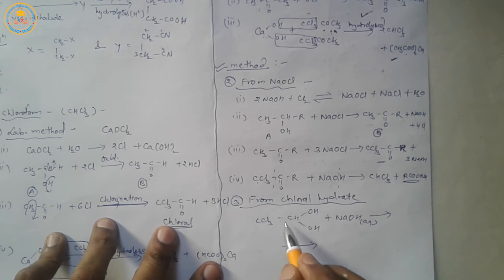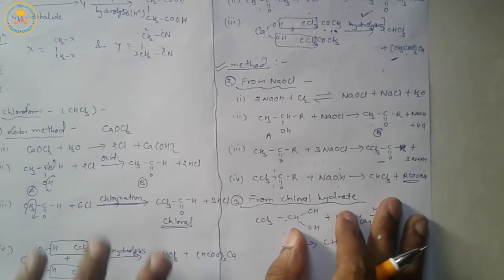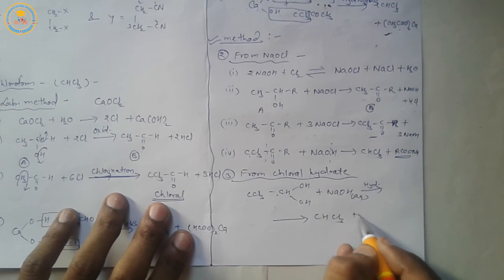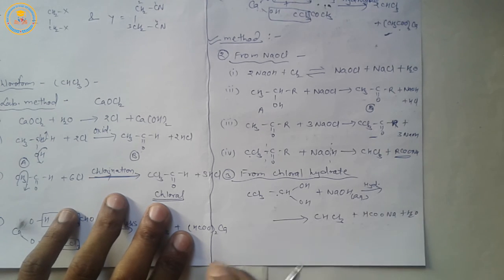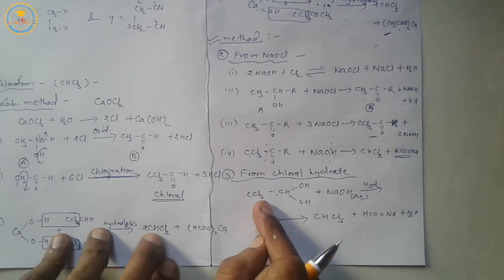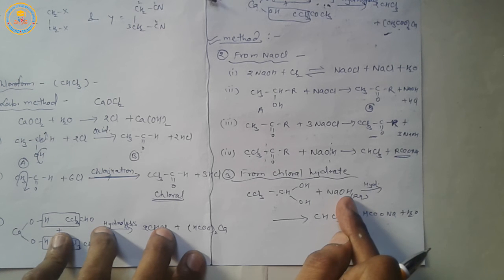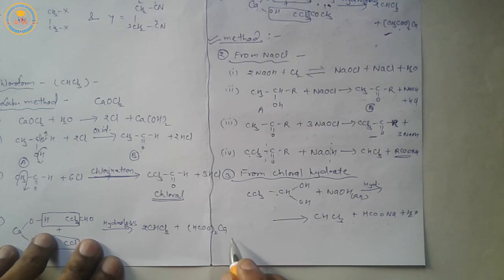So when chloral hydrate reacts with aqueous NaOH, after hydrolysis, pure chloroform is obtained, after removing sodium formate and water. I repeat, when chloral hydrate reacts with aqueous NaOH, after hydrolysis, pure chloroform is obtained.